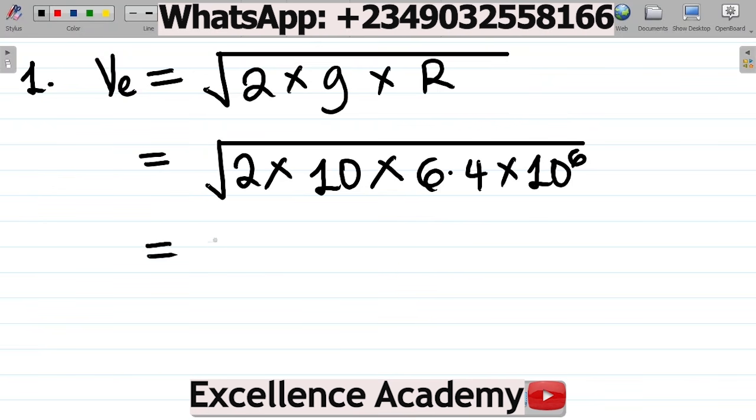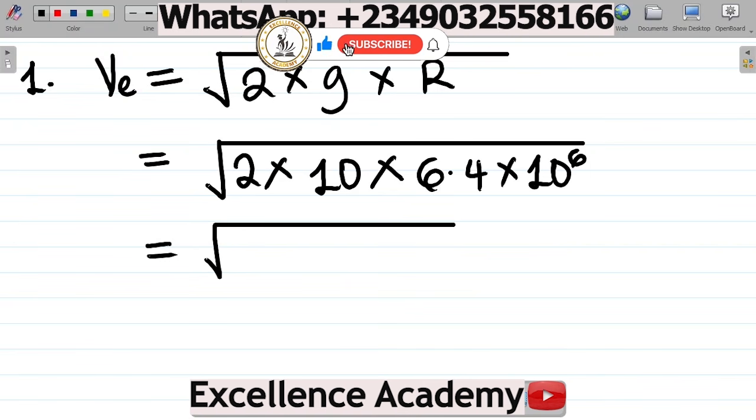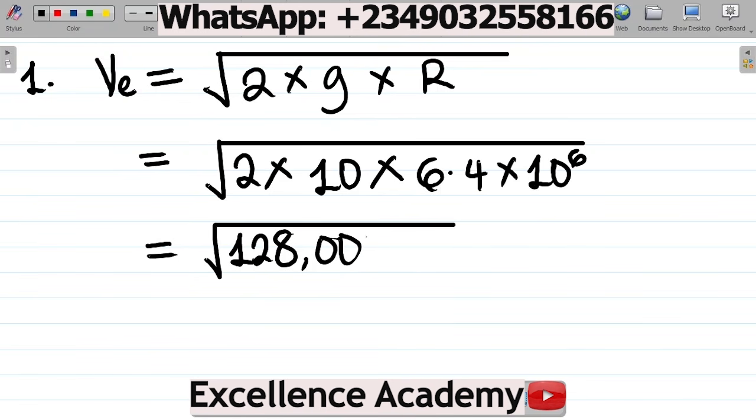The first thing we'll do here is to work on the terms in the square root sign. We'll get a calculator and punch 2 times 10 times 6.4 times 10 to the power 6. If you punch that correctly, you have your answer, 128,000,000.